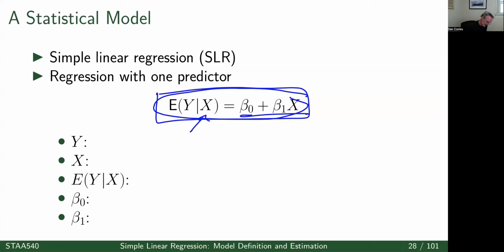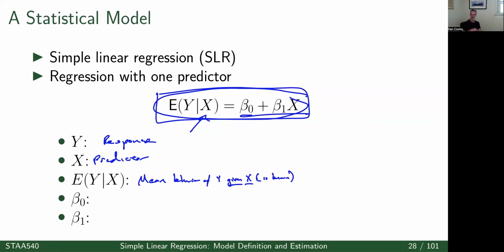So y is still the response, x is the predictor, and the expected value of y given x is the mean behavior of y, given that x is known.